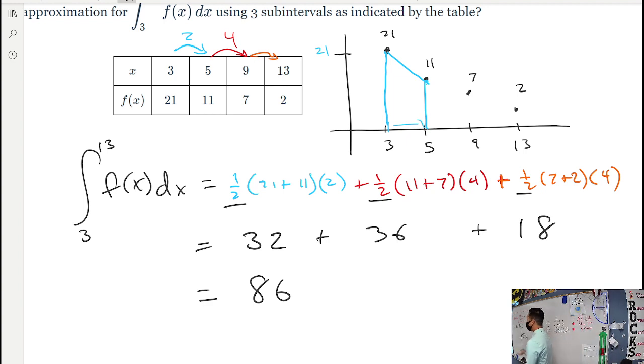86. How do you feel? Good. Honestly, I feel glad that I got the answer. Good. You should. Some of you said bad too. What's your favorite color? Blue. What kind of blue? Dark blue.